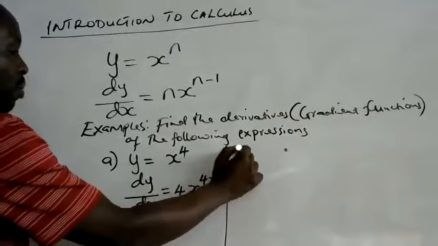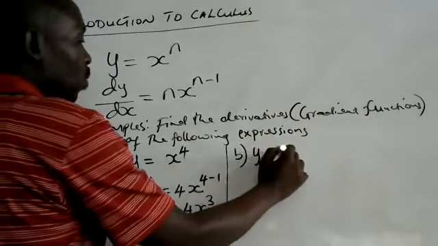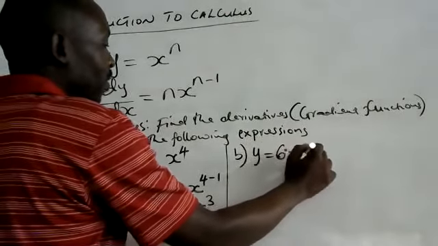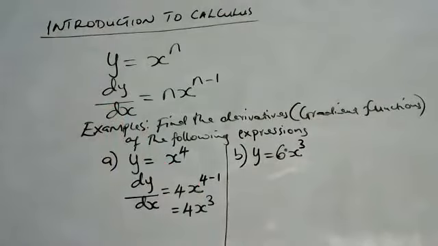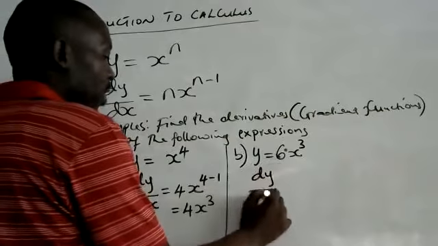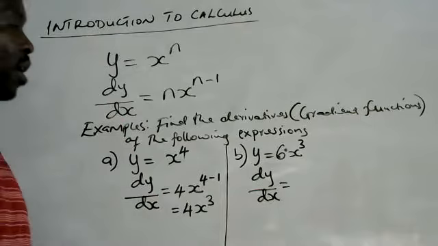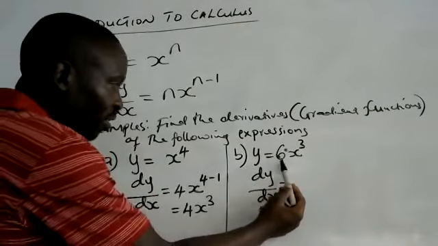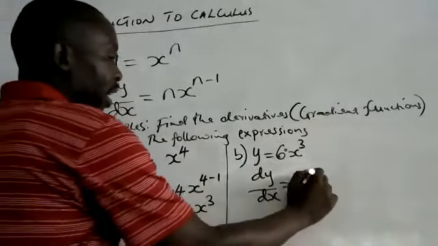Let us talk about B, where you are given y is equal to 6x power 3. For you to get the derivative, dy over dx, it is given by what? 3 will multiply this 6 to be 18x.